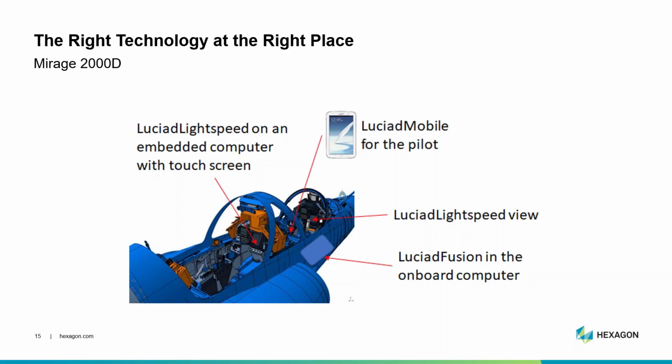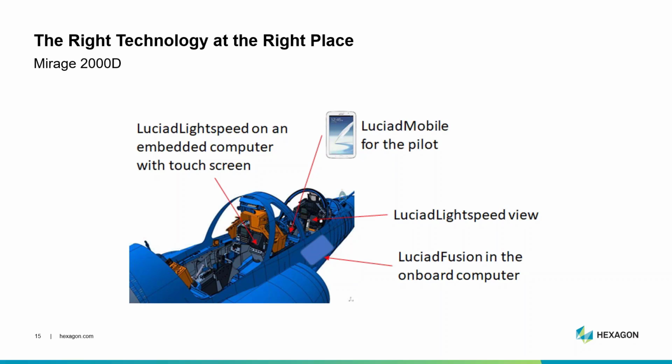And it all is strung together by providing data from the Luciad Fusion server that is running on the onboard computer. So by mix and matching the SDKs and putting them on the right platform, we enabled multiple developers on multiple parts of this cockpit to provide the right solutions.